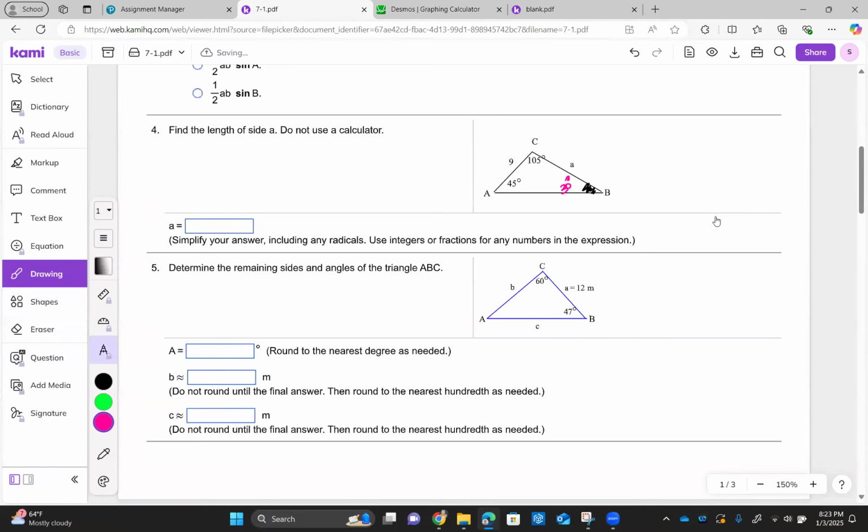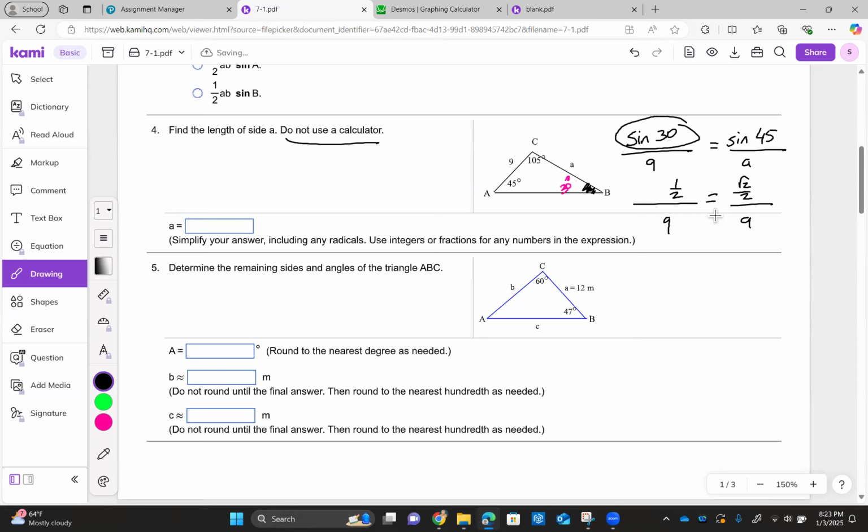The Law of Sines says that sine of 30 over the corresponding side, which is 9, is equal to sine of 45 over A. This one says don't use a calculator because 30 and 45 are famous angles. So sine of 30 is 1 over 2, over 9. Sine of 45 is root 2 over 2, over A.